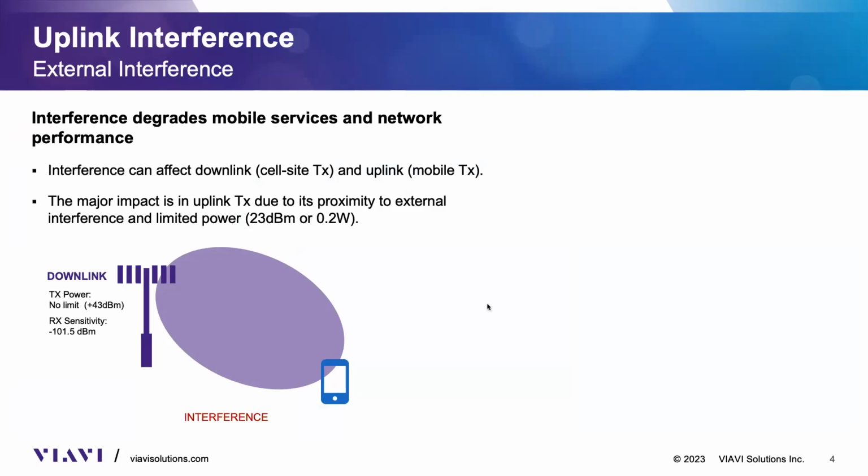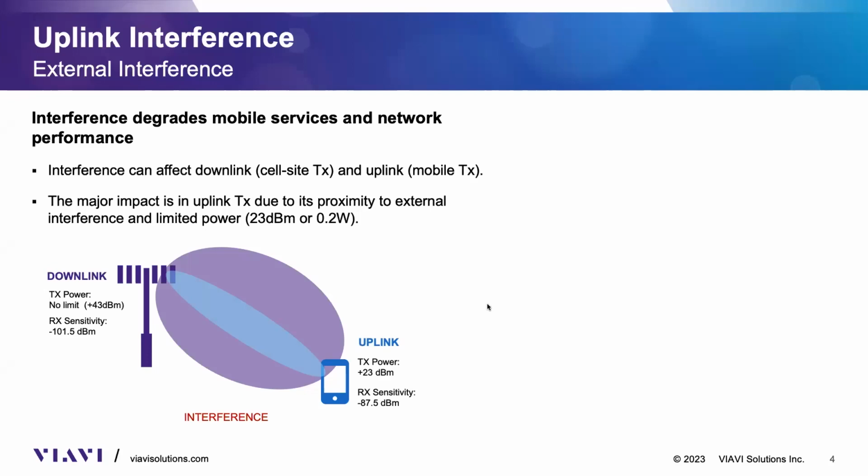In this case, let's assume the radio has a received sensitivity of -101.5 dBm. On the other side, we have the mobile phone, a UE, that transmits a power of about 23 dBm. Notice the big difference in transmission power, and the receive sensitivity is about -87.5 dBm.